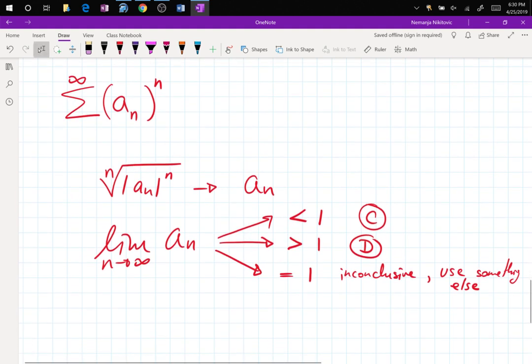So the conclusions are the same as in ratio test: limit less than 1, converges; limit larger than 1, diverges; limit equal to 1, use something else.